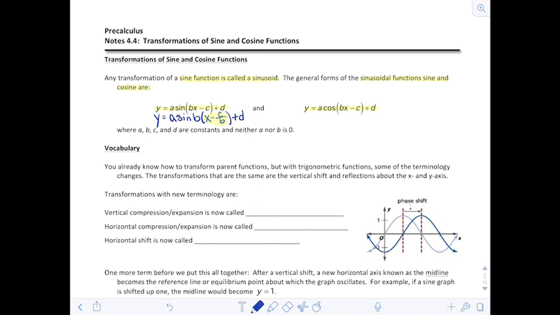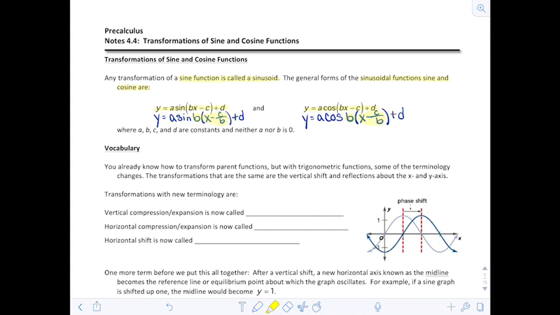Likewise, they would use y equals a times the cosine, factor out the b, even though it's not a greatest common factor, and then it would be x minus c over b plus d. Again, this shows you the exact horizontal shift. And then b is going to affect the period of these graphs, or the horizontal compression or stretch.